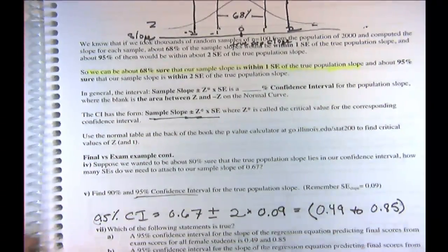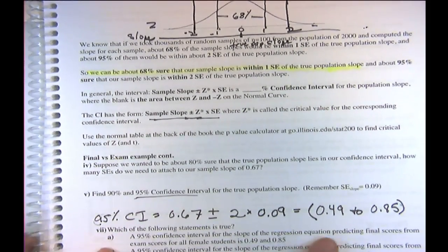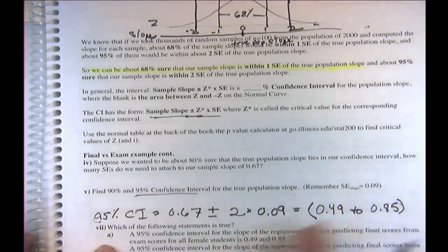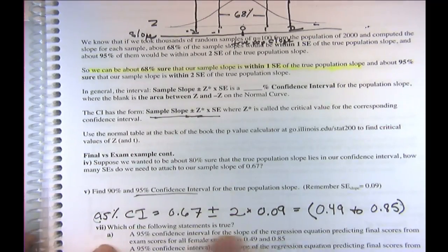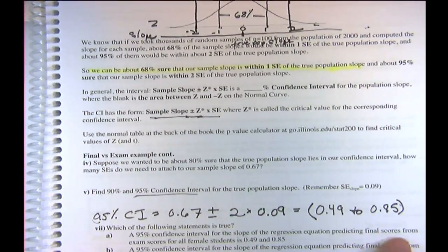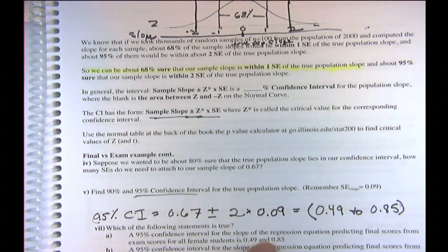Lots of people think that this same interval means we can be 95% confident that the slope of the regression equation predicting final scores from exam scores for the females will be within there.